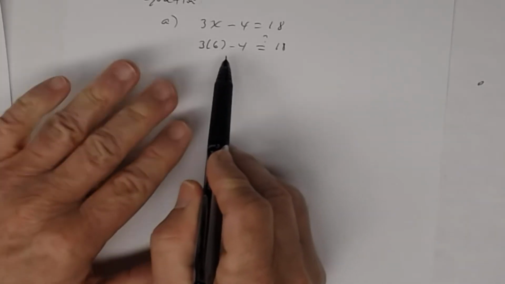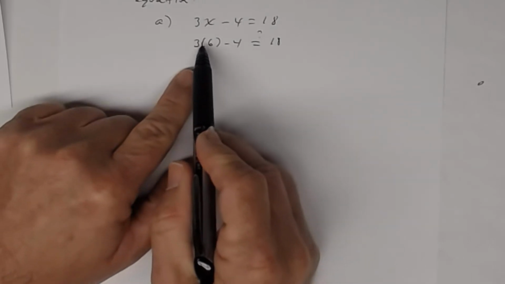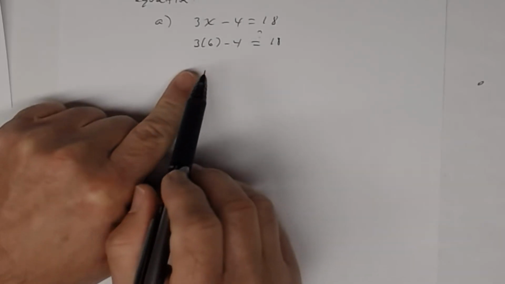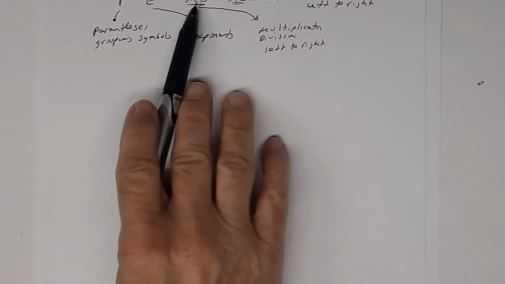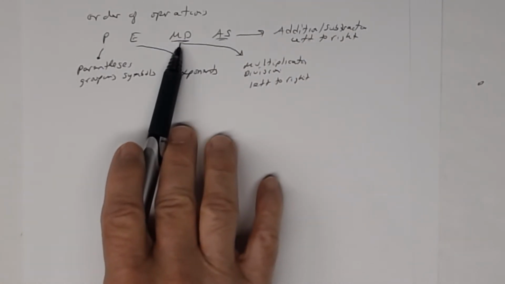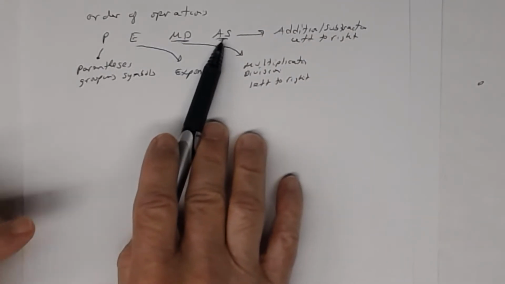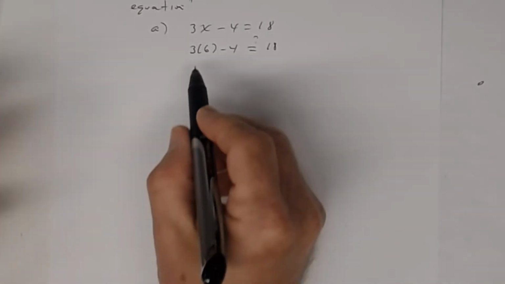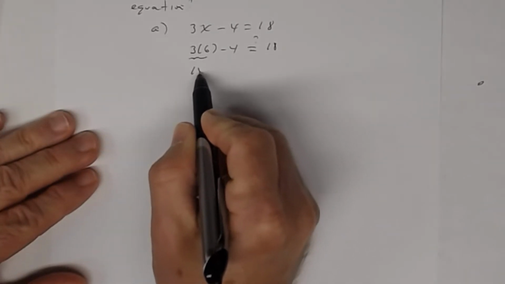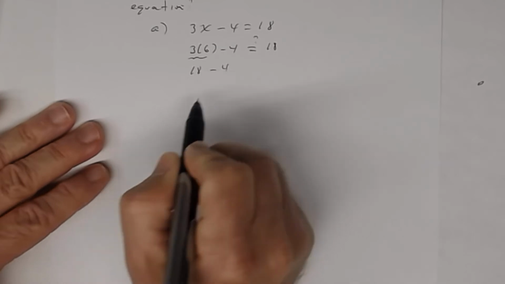Over here, notice that on the left side I have two operations: multiplication and subtraction. Remember, multiplication is a higher level than subtraction, so I must do multiplication first. So 6 times 3 is 18. I normally do one step at a time.